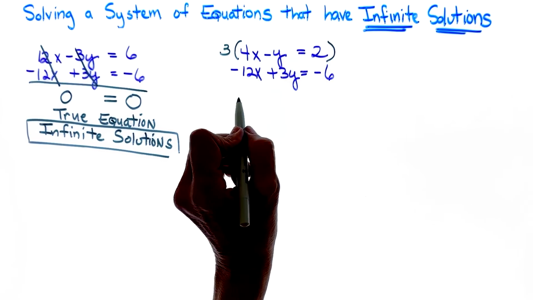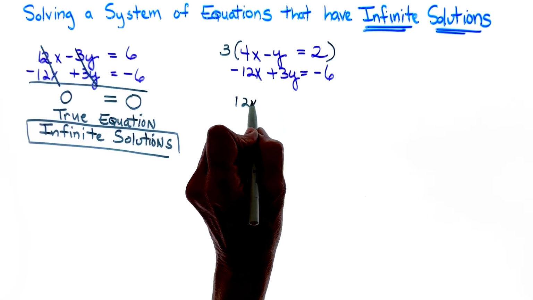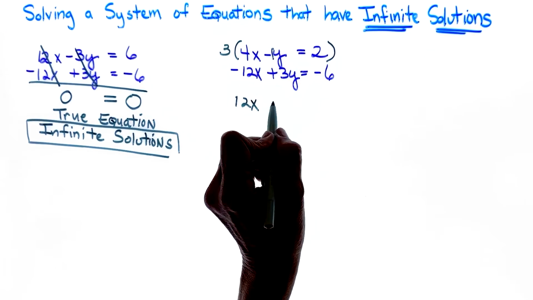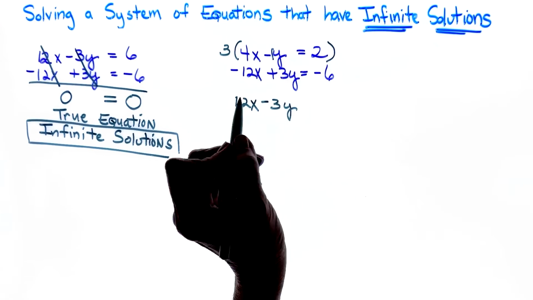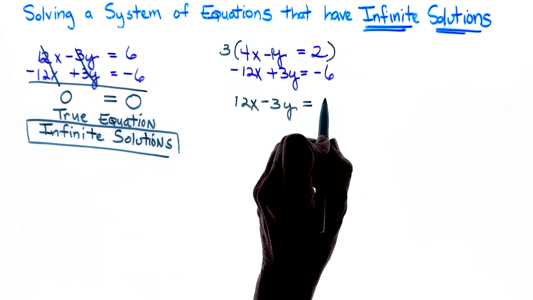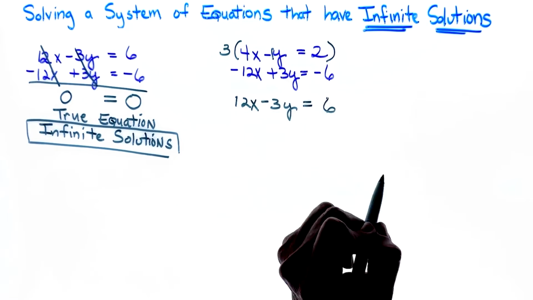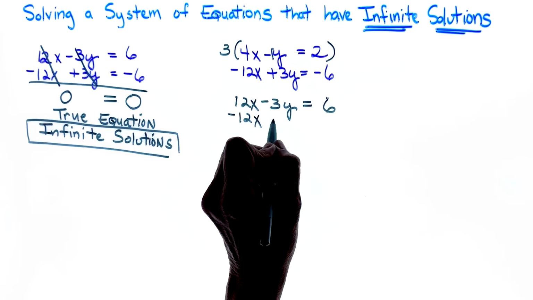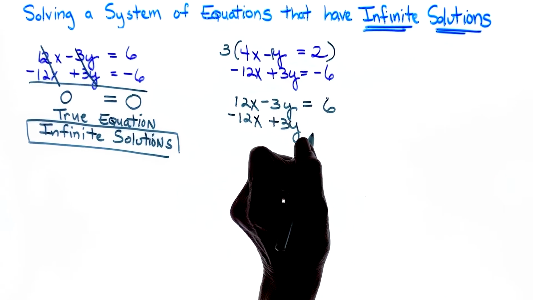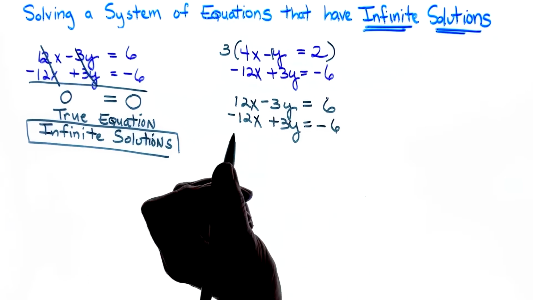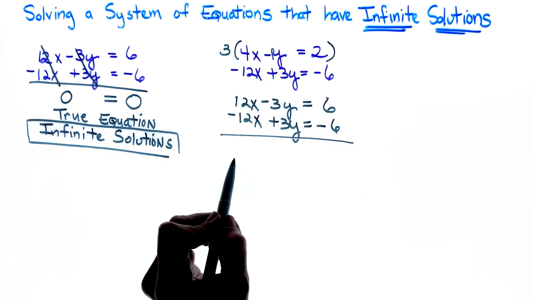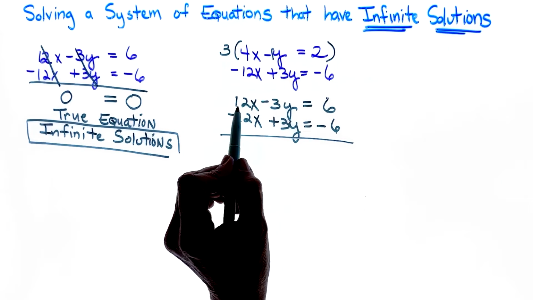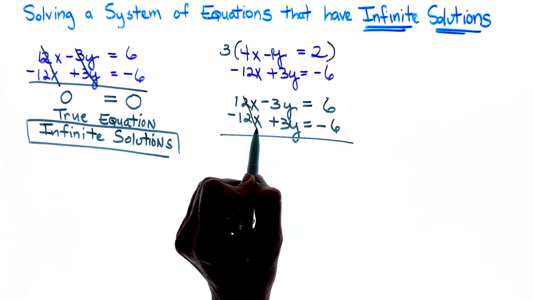So the first equation becomes 12x. 3 times, remember there's a 1 there, -1 is -3y, is equal to 3 times 2 is 6. I'm just copying my second equation down now, so I can put them together, because with elimination, we combine the equations. And again, I'm looking at this and I'm like, wow, 12x minus 12x, my x is gone.